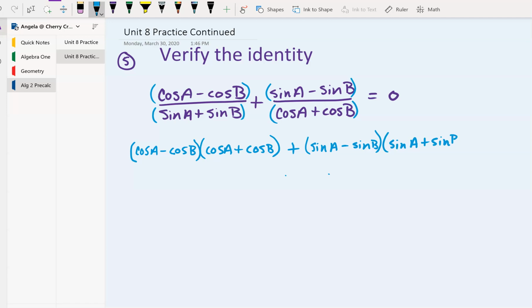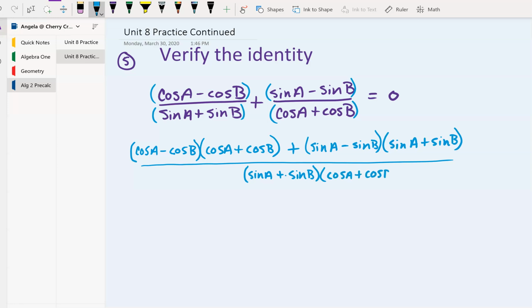Probably you guys are already starting to see what is coming out of this. It looks to be some binomials that could create some differences of squares, which is going to be super nice for our proof. So our common denominator that we actually ended up with is sine A plus sine B times cosine A plus cosine B. Now I'm going to take a break from my denominator for just a minute and work with the numerator, just in the interest of saving a little space, and show you how you can continue to simplify this numerator.